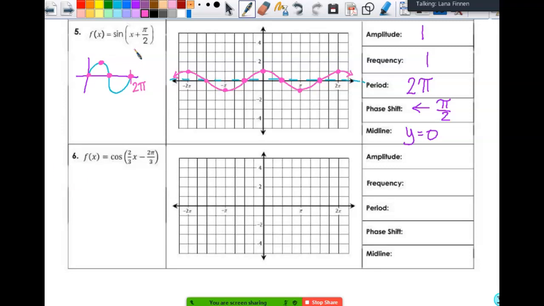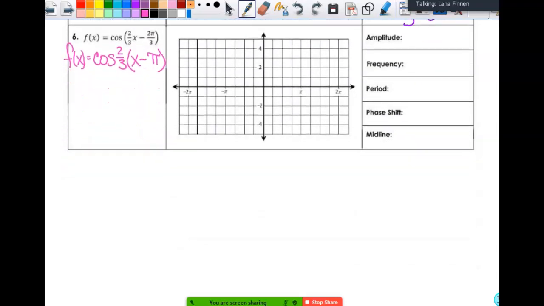All right, so let's look at number 6. I'm going to need to factor, so I'll go ahead and do that. F of x is equal to the cosine of 2/3 times x minus what? Pi. That one was pretty simple, right? Okie dokie. So our amplitude here is still 1. Frequency is now 2/3.